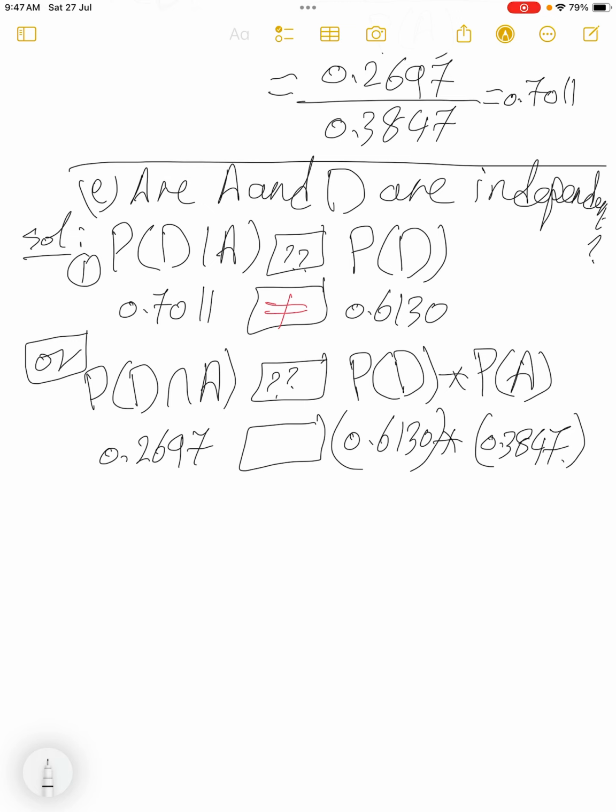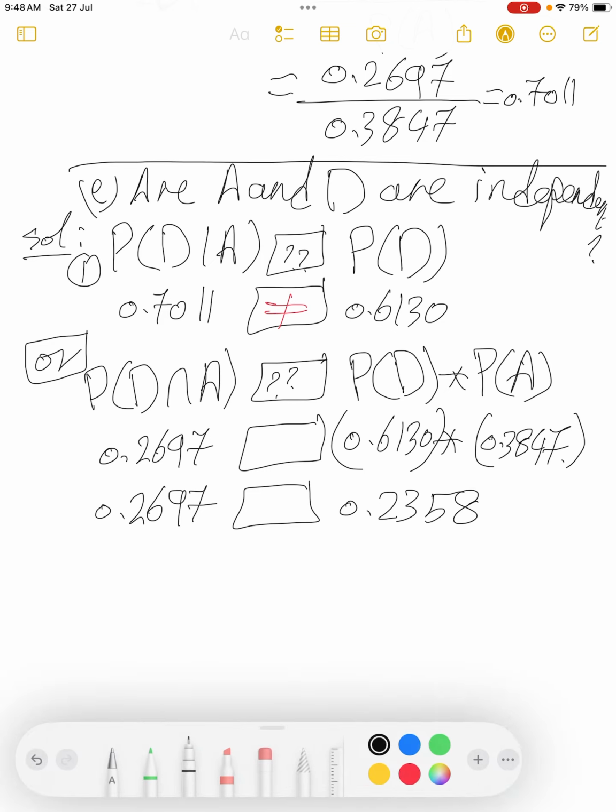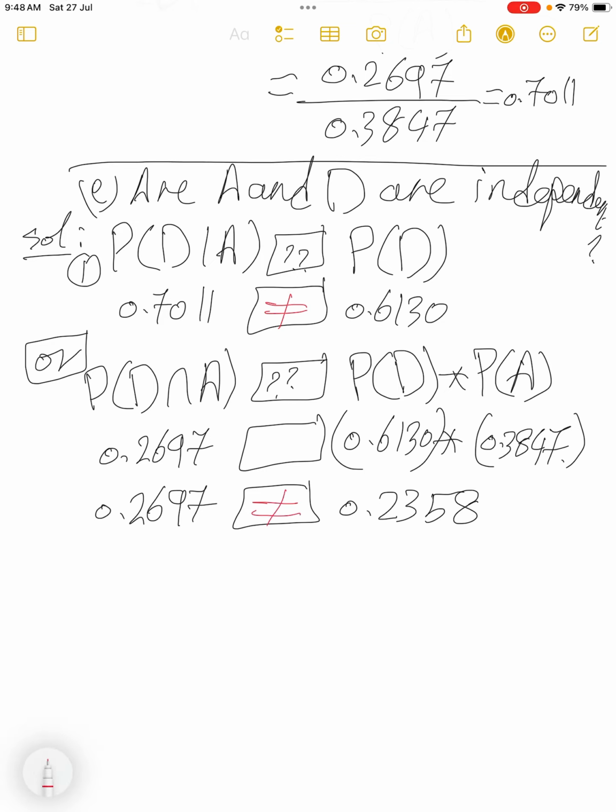I will make the multiplication in order to convince you that it is not independent: 0.6130 multiplied by 0.3847 is 0.2358. What is the relation between 0.2697 and 0.2358? It is obvious that they are not equal.